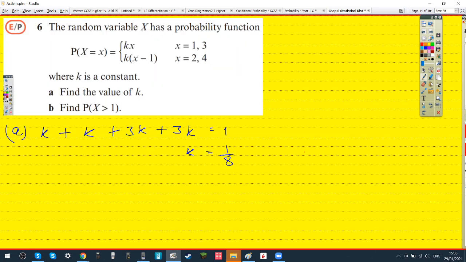What was it going to say? Yeah, all right. I was kind of noticing these things. I was going to mention there's only 4 possibilities, so you did 3. If there were a lot more, you can always do 1 minus just this one. So the probability that x is greater than 1 will be the same as 1 minus the probability that it's less than or equal to 1. That is just 1. So instead of adding up those 3, you could find 1 and do 1 minus it.